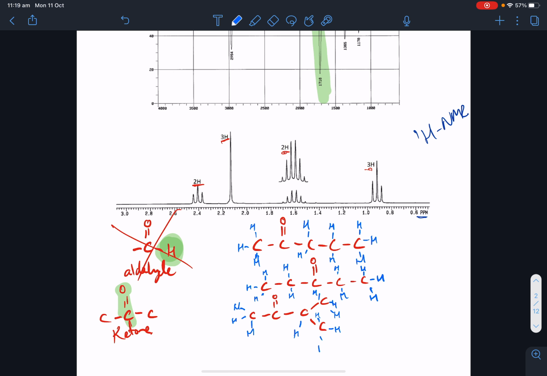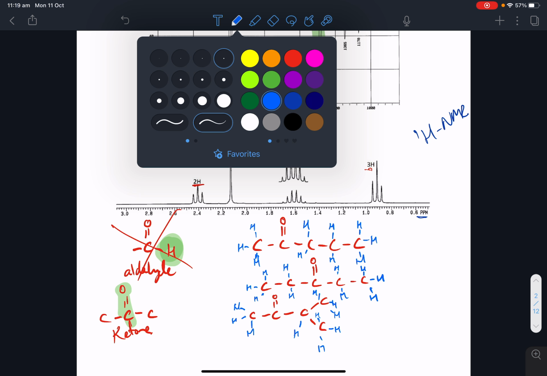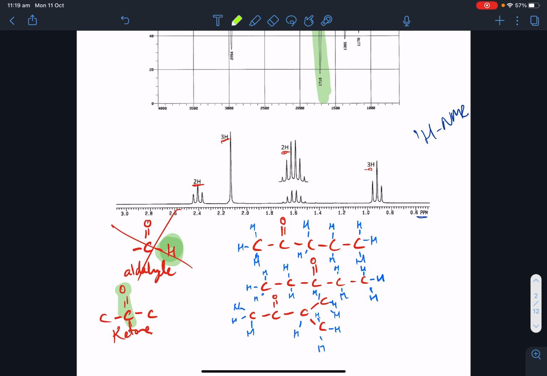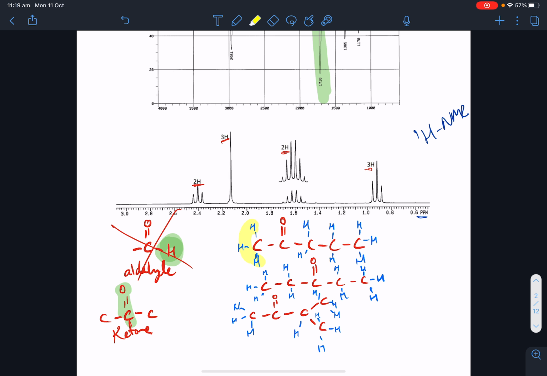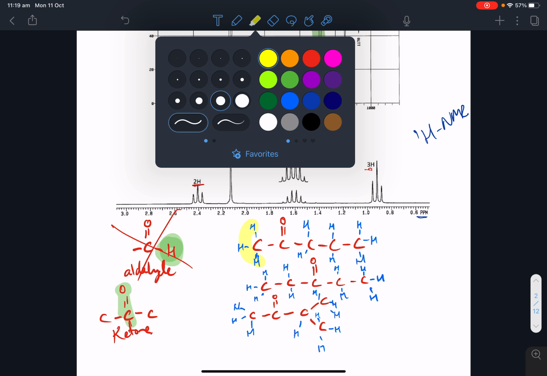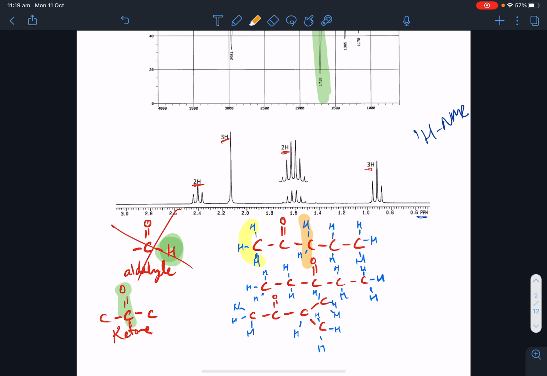I might get out the highlighter, and I'm going to highlight hydrogen environments. Maybe I should go for yellow. On this first one, you can see that oxygen's in the middle, making the molecule non-symmetrical. These three hydrogens are in one environment, and these two are in another environment.